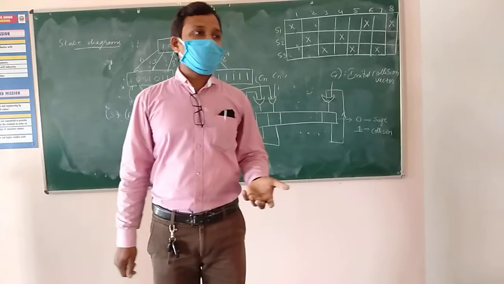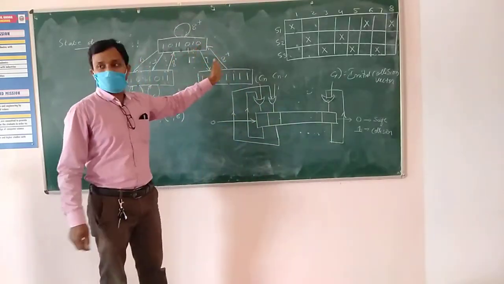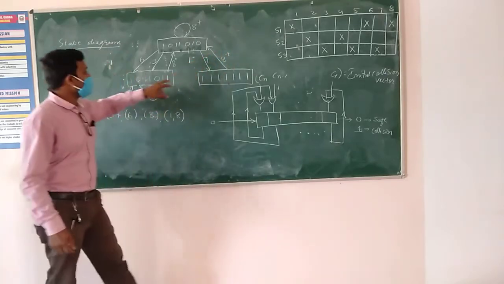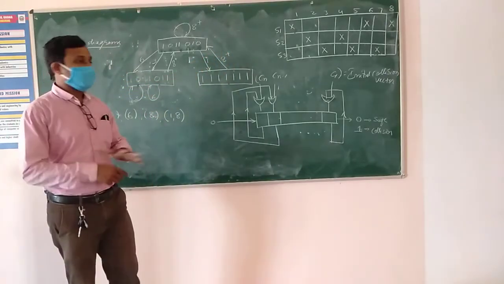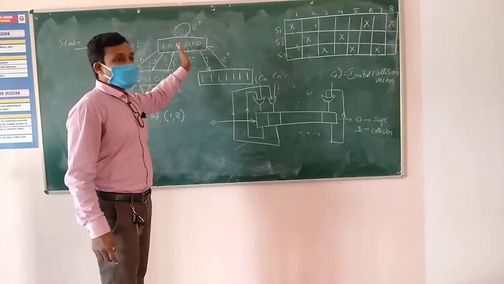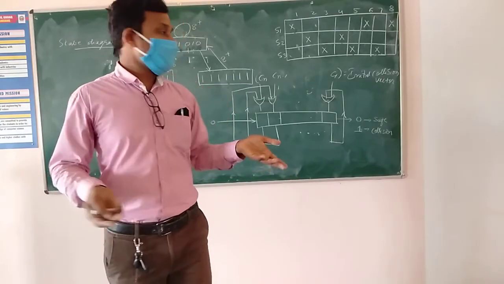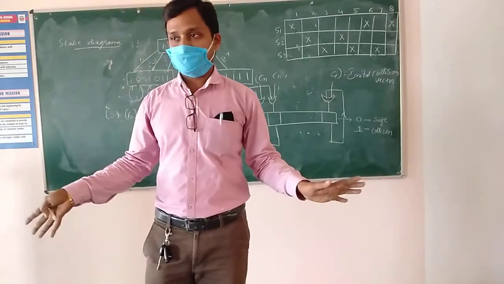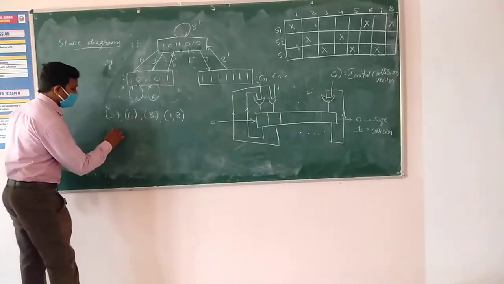It repeats the same cycle infinitely. So we can repeat 1, 8, or we can repeat 3 infinitely. Even if you repeat this cycle of successive initiations of the pipeline, we don't have any collisions. Correct?